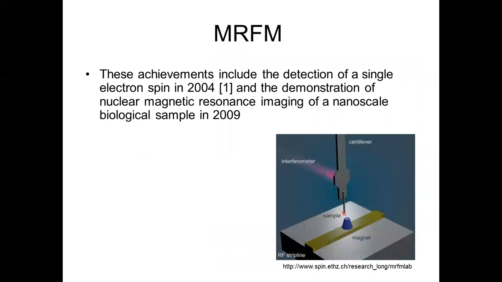They can detect single electron spins, and they have detected single electron spins in 2004, and they have been able to show magnetic resonance imaging of nanoscale biological samples since 2009.